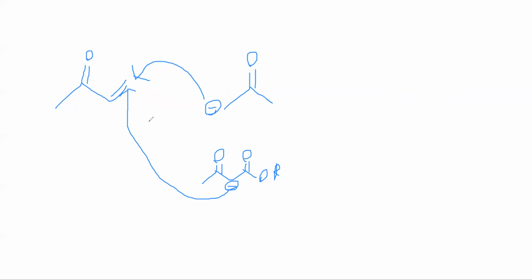And I'm not going to show the mechanism, but I showed the general mechanism for conjugate addition with ketones and aldehydes earlier. It's going to be the same, just the enolate is the nucleophile. And the carbon-carbon double bond can be conjugated with a carbonyl, like a ketone, an aldehyde, or an ester, or whatever. That's expected.